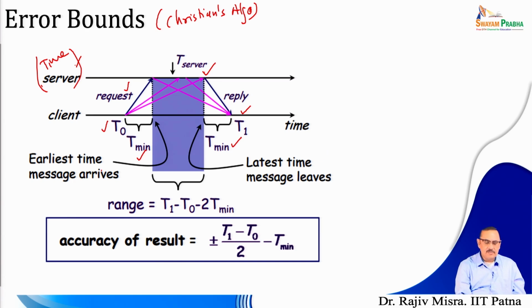So, the earliest times when the messages are received, we can calculate that the range will be T1 minus T0 minus 2 times T min. So, the accuracy of the result is (T1 minus T0) divided by 2 minus T min.